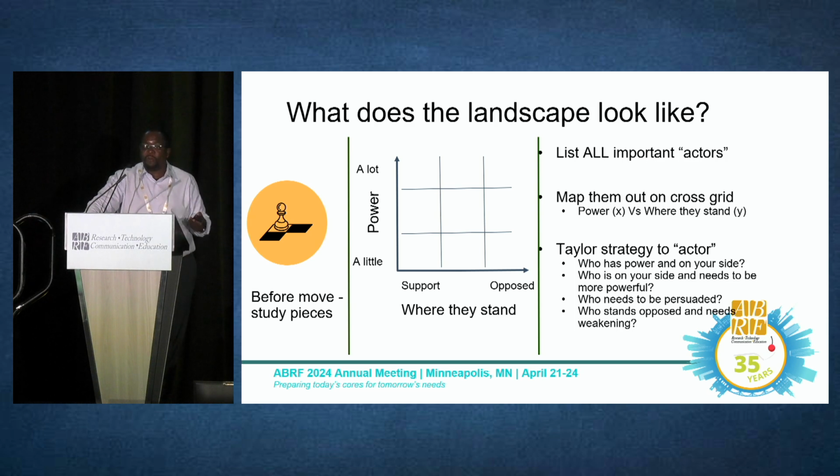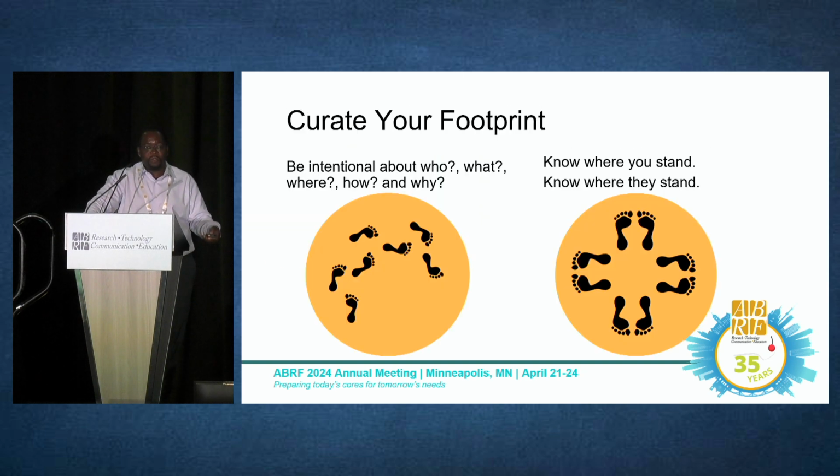You need to also understand that there are always people within that organization who have other needs for the finite resources we have. So those groups need to be sort of weakened in opposition to yours, and then you need to be intentional about what you do.